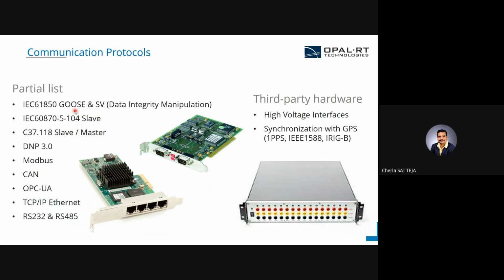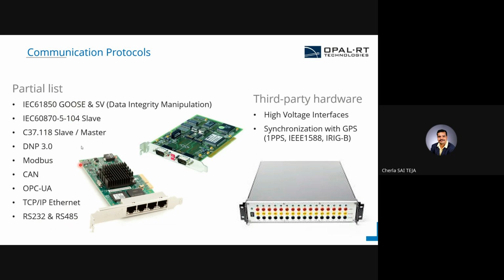If we take a power system or a microgrid based application, for smart devices one might have to send and receive data from those smart relays using IEC 61850 GOOSE and Sampled Values, or the C37.118 slave master protocol. And sometimes you might have to use TCP or Modbus or serial RS232 or RS485 format.